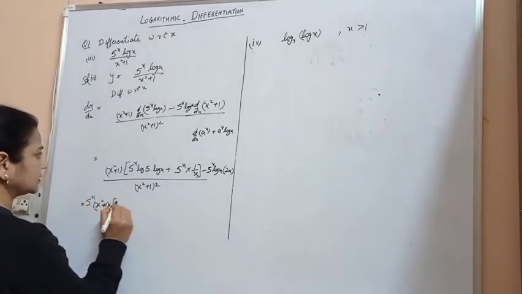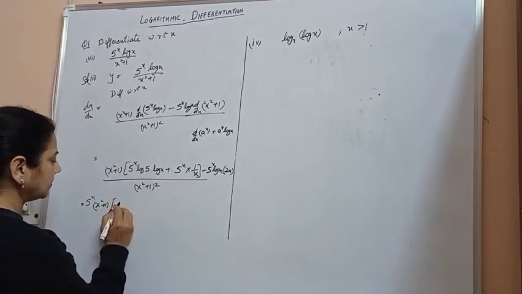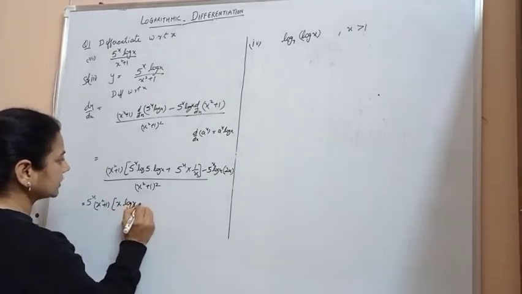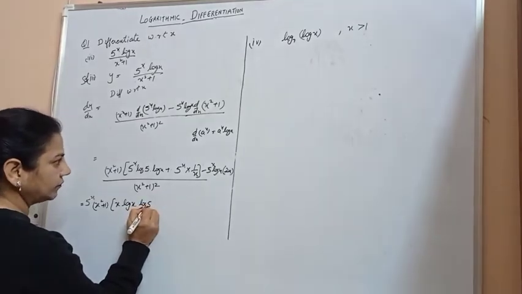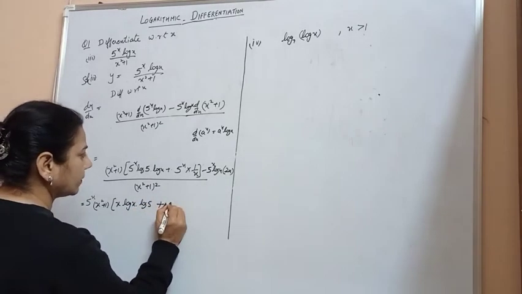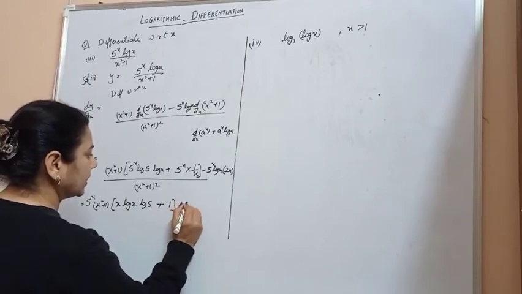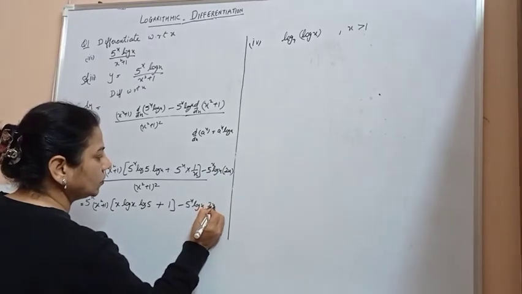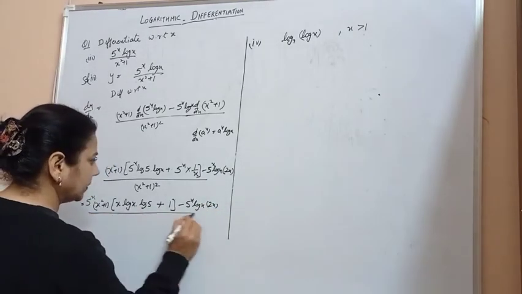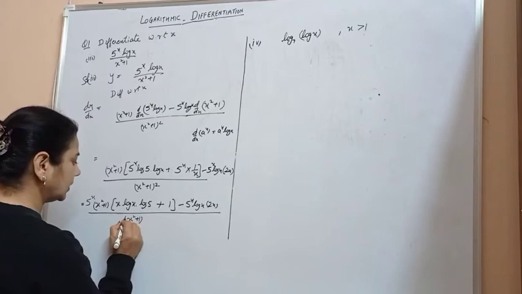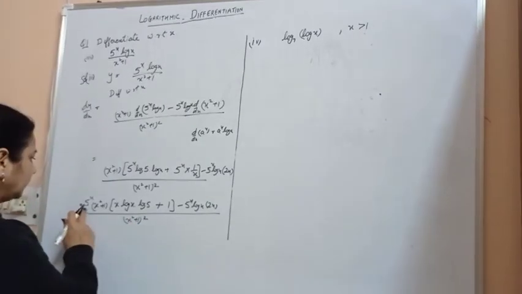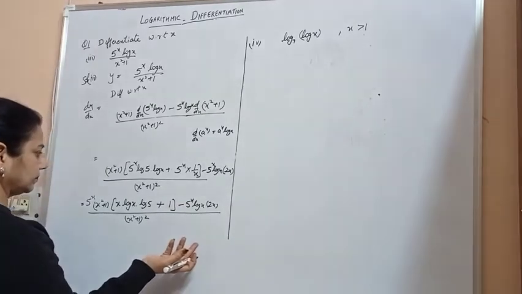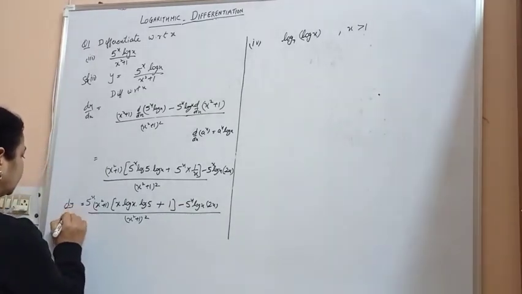If I take the LCM, I get x times log x log 5 plus 1 minus 5 to the power x log x into 2x whole divided by x square plus 1 whole square. Again 5 to the power x is there. So that's it. So we get dy by dx.